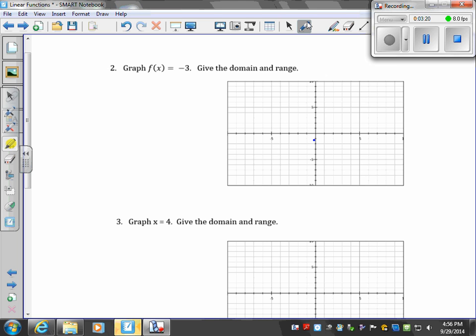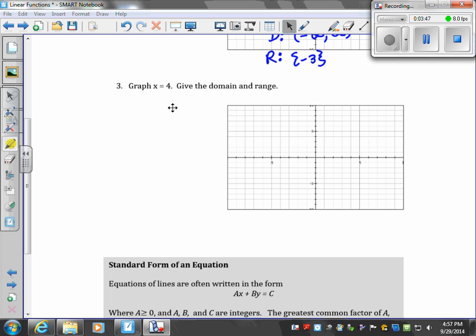So negative 1, negative 2. Okay, so here, and it's going to be a horizontal line. So that's what it looks like. Your domain will be your leftmost to your rightmost values. The range is your bottom to the top, but in this particular case, it's just negative 3.